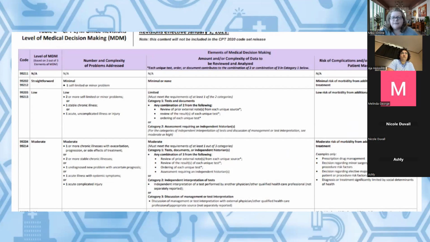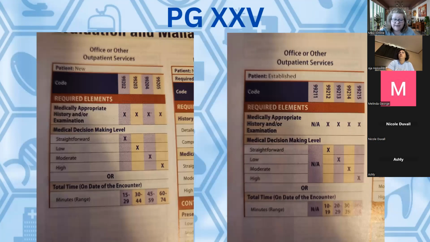Okay, so something else I wanted to show you that is super helpful when figuring out E&M codes. You have things like this grid that the AMA puts out, but you also have your CPT manual, and there's a section before the book even starts that is these lovely little E&M tables. Now, they're not as detailed as the grid.